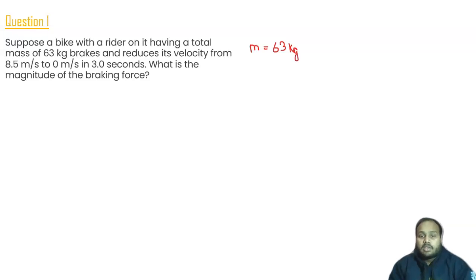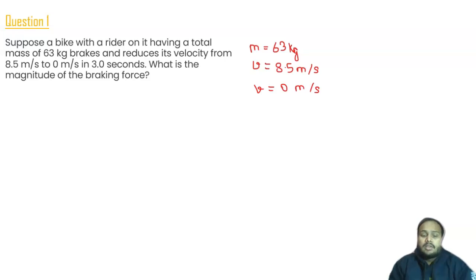Apart from it, we have the initial velocity. Let's write initial velocity as u, which is equal to 8.5 meter per second. We have final velocity v, which is 0 meter per second. Fine.